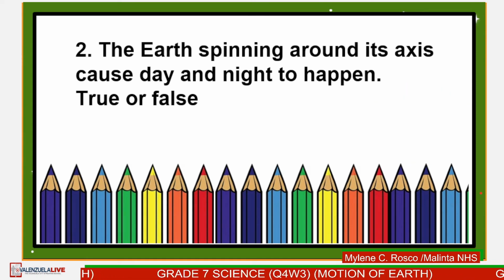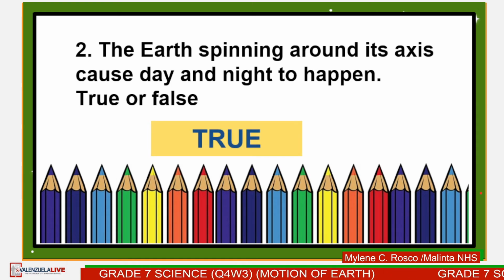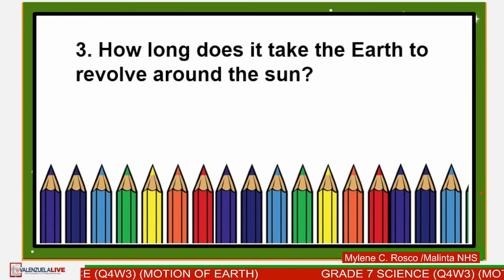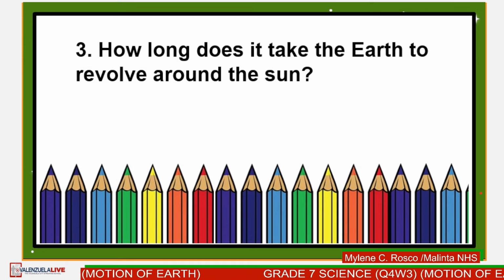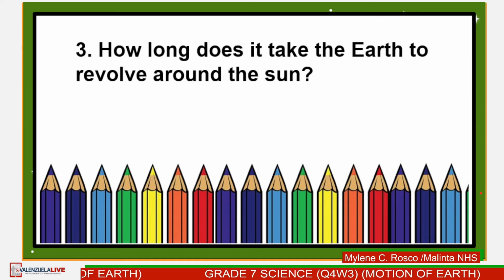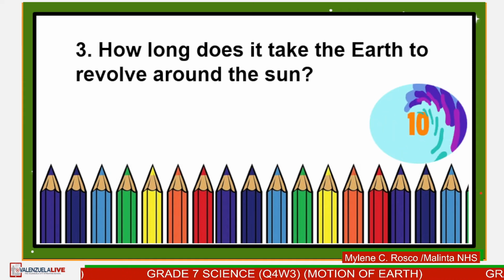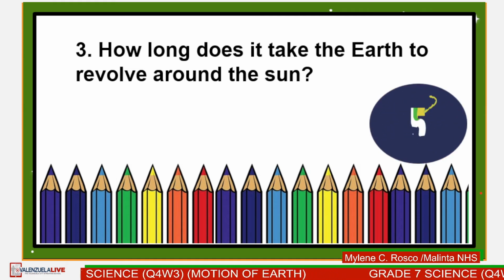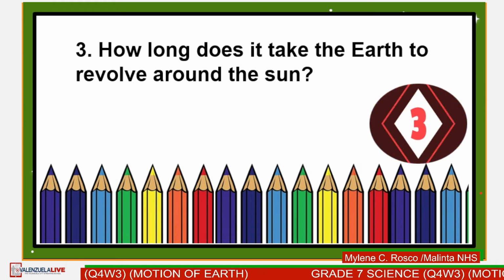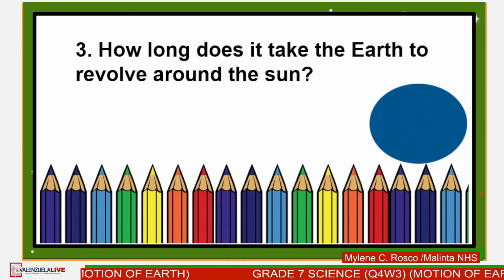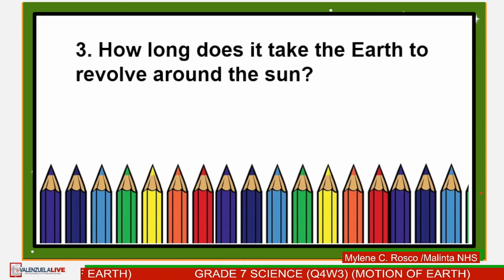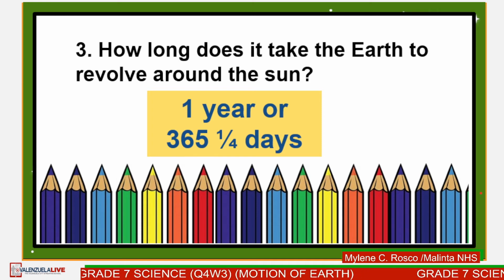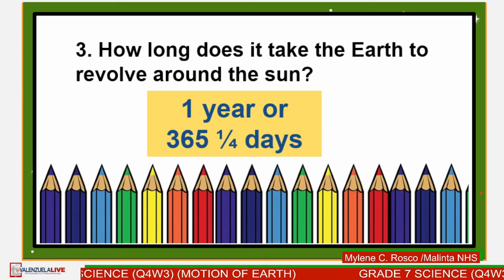The correct answer is true. Next, number 3. How long does it take the Earth to revolve around the sun? The correct answer is 1 year or 365 and 1/4 days.